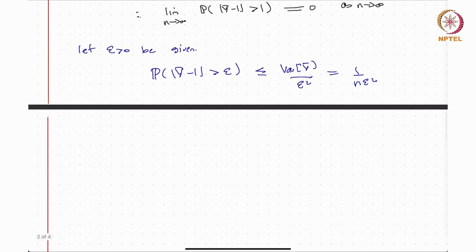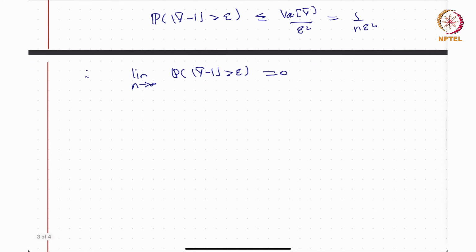Therefore, the limit as n tends to infinity of the chance that y bar minus 1 is bigger than epsilon goes to 0, because 1 over n epsilon squared goes to 0 as n goes to infinity. That's the same as saying that y bar converges to 1 in probability. This is another fancy way of saying this, and it is true for every positive epsilon. It's an interesting fact we have seen.